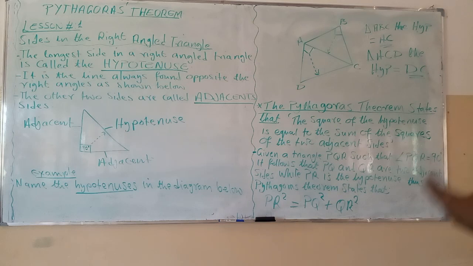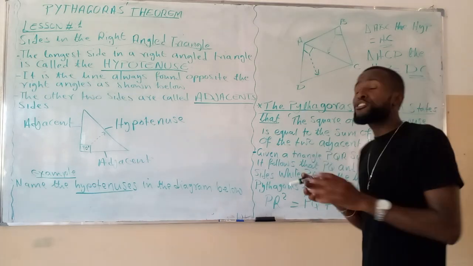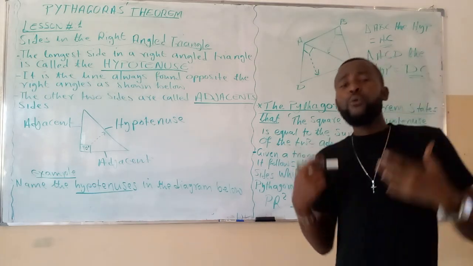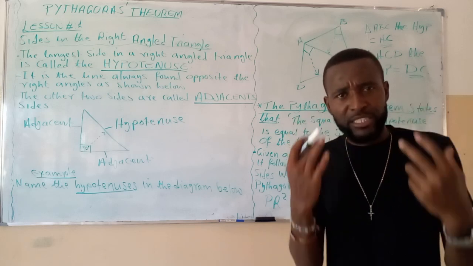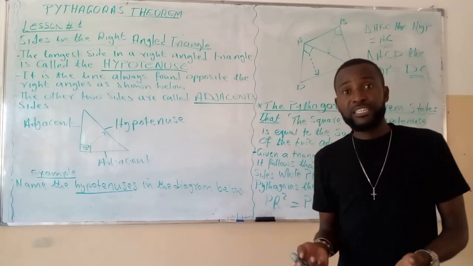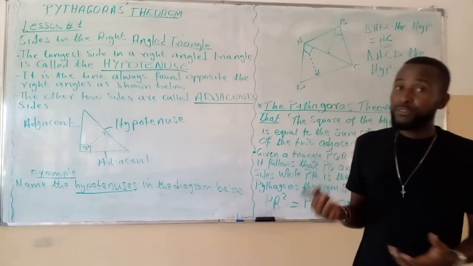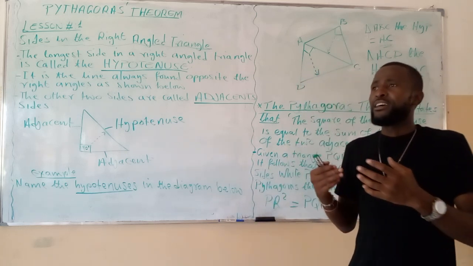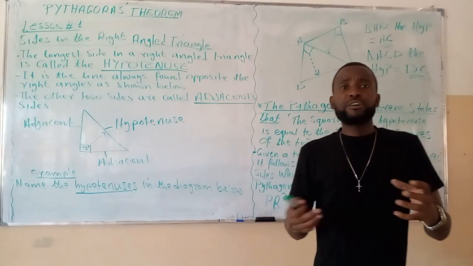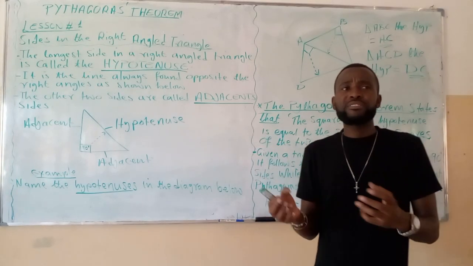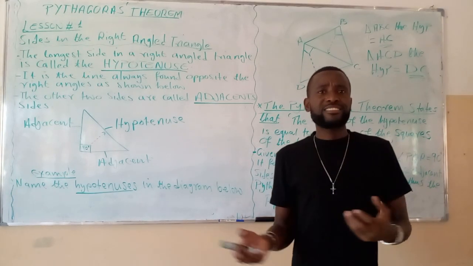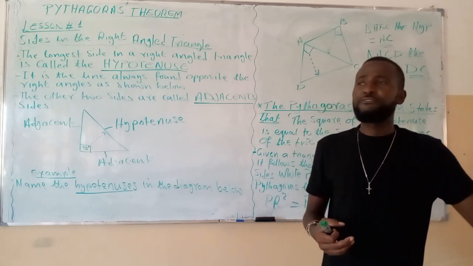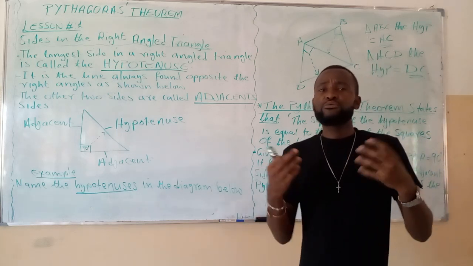So once you identify the sides, we can move on to something interesting, which is the Pythagoras theorem itself. What does the Pythagoras theorem state? Remember, Pythagoras is the person. He came up with this theory at a time when people were trying to find some way to share and divide things into equal parts.